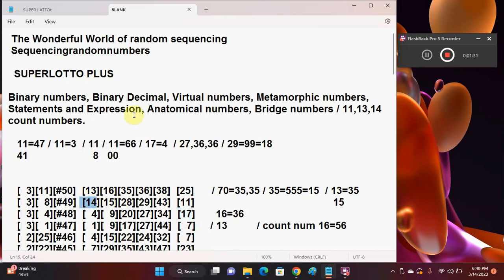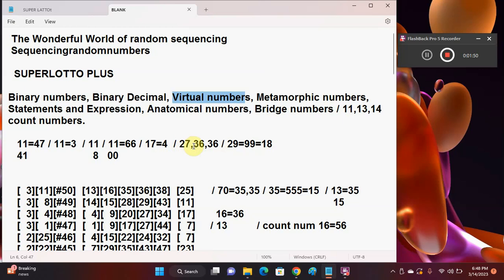So that explains that. A virtual number is, for instance, let's say you had 27 and a sequence to 36. Well, that virtual number, if it sequences to another 36, equals 72.